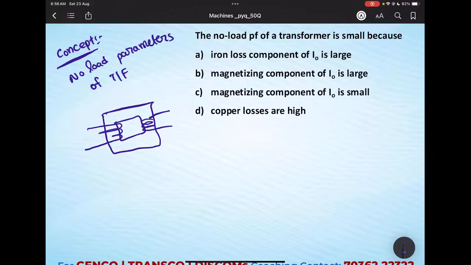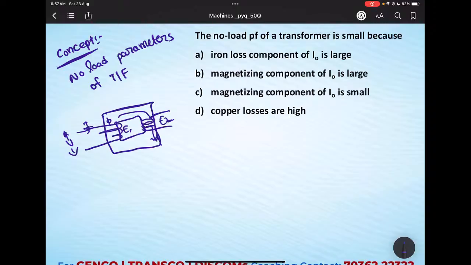So we know the operation principle of a transformer. If you apply voltage, current will flow and flux will generate in the core and it will induce the EMF E1. The same flux will link the secondary, so E2 will generate. This all we know about the basic principle of transformer.